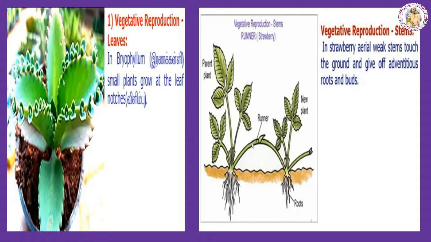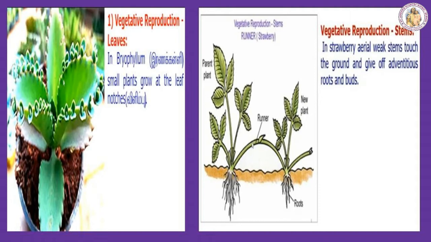The next one is vegetative reproduction in stem. In this we took strawberry plant as an example. In strawberry, the aerial weak stem touches the ground. You can see the picture. The stem will bend into the ground and give off adventitious roots and buds.